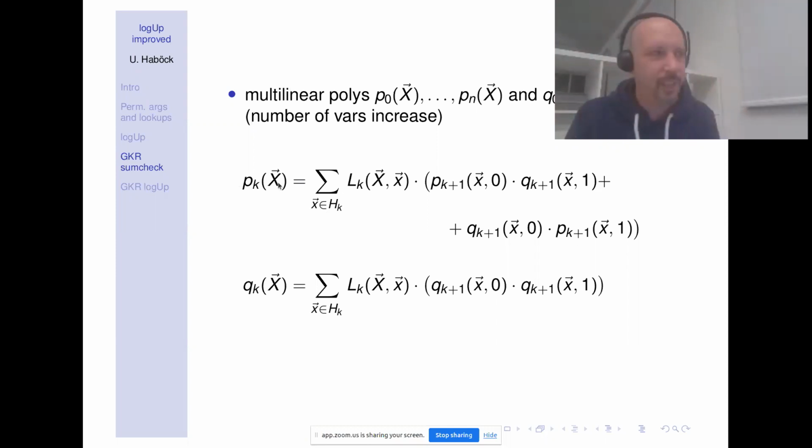This is sort of batching, which means that you want to know that top layer polynomial at a random point. So in other words, at that random point for capital X, if you insert a specific value, you have in fact a sum check of scalars and not of polynomials again.